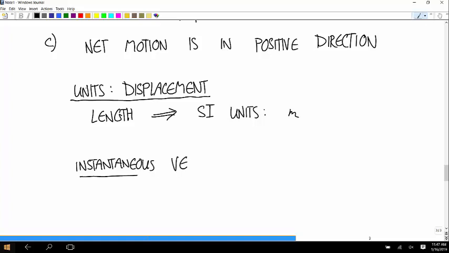Okay, instantaneous velocity. So velocity as a function of time is just the time derivative of the position function.